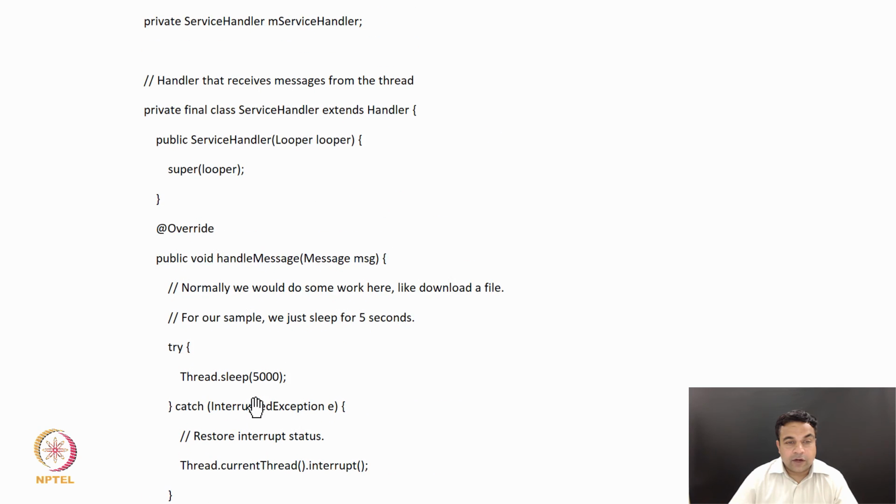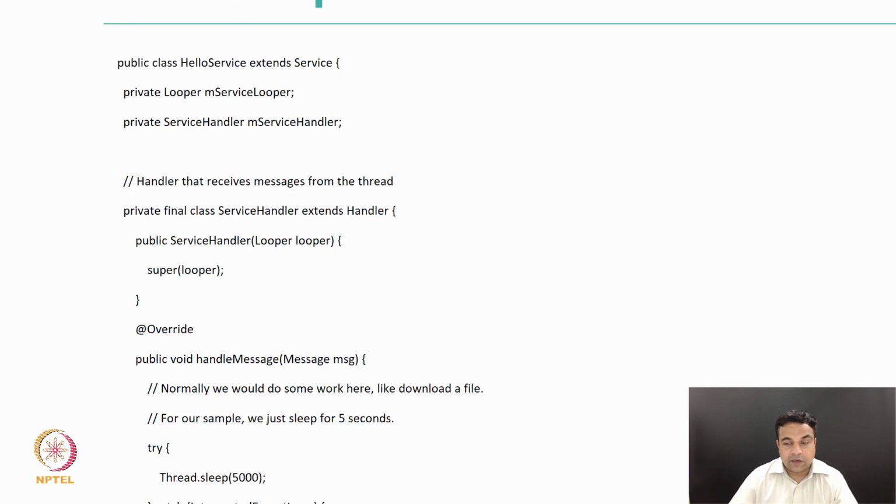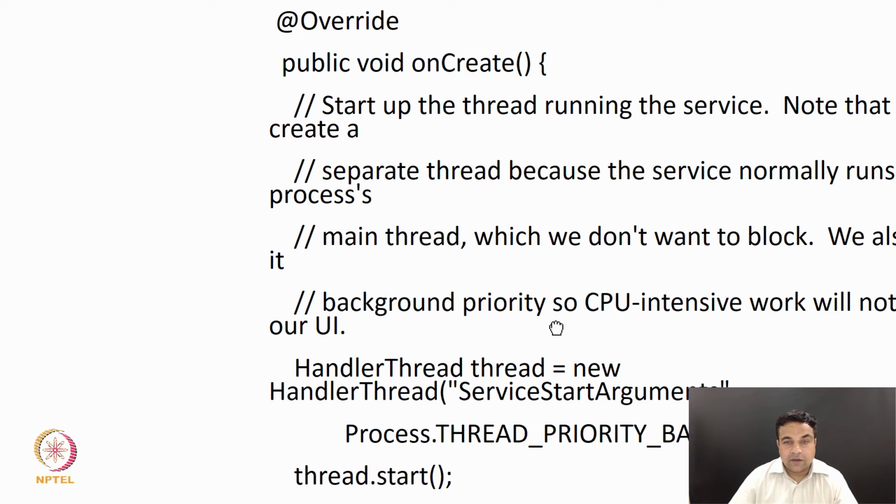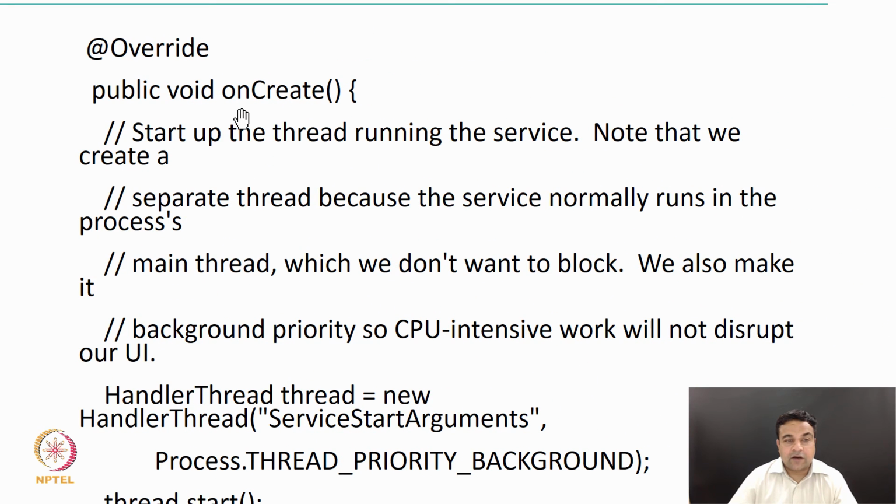But more importantly, let's look at some of the other methods. Especially I am interested in the onCreate method. So the onCreate method is what starts up the thread running the service. We are creating a separate thread because the service normally runs in the main thread, which we don't want to block.